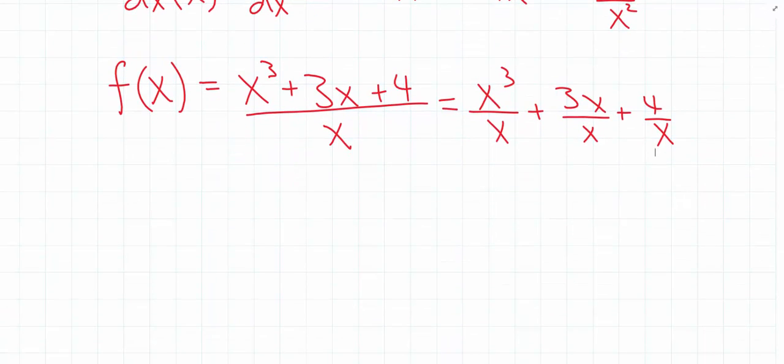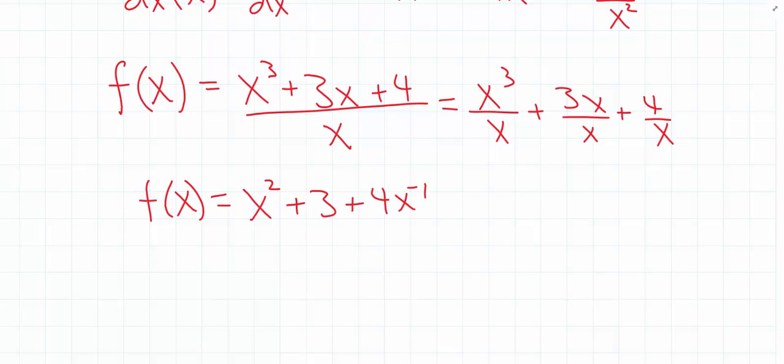So here's what we have: f of x equals x squared plus 3 plus 4x to the negative 1. And that is one I can differentiate with the power rule. Okay, so here we go. f prime is 2x, plus the derivative of 3, that's just 0, minus 4x to the negative 2.